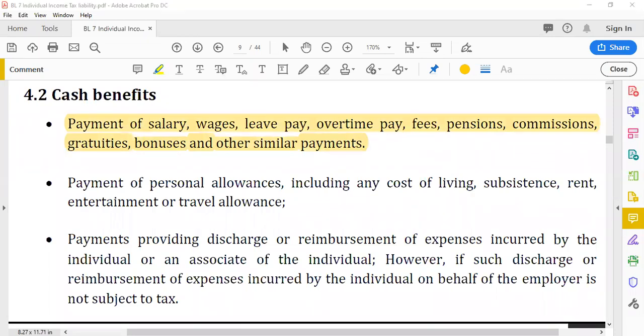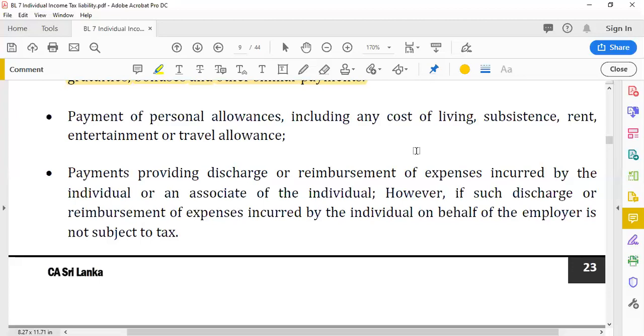All are cash benefits, in the form of cash. And payment of personal allowances, including cost of living, subsistence, rent, entertainment allowance, or traveling allowance.